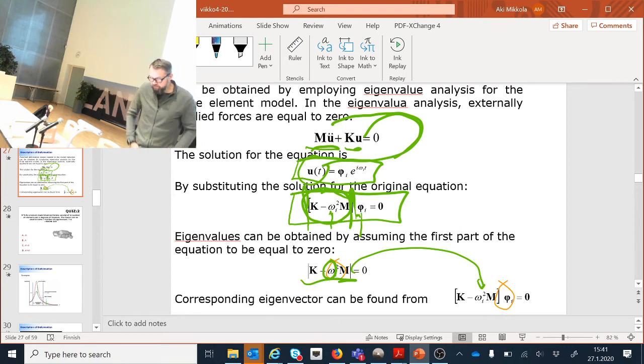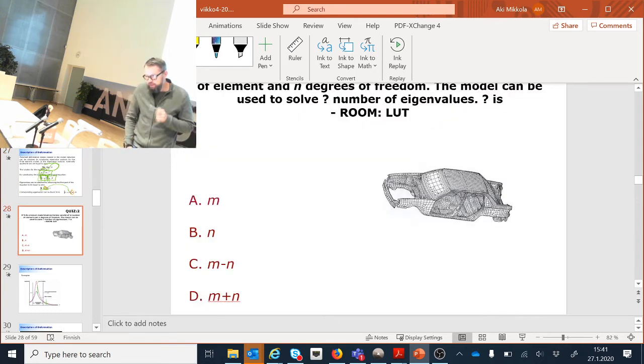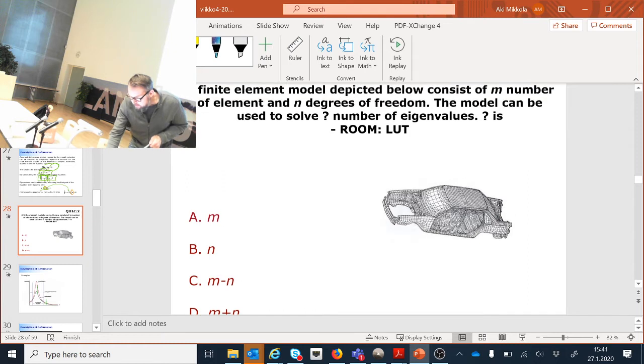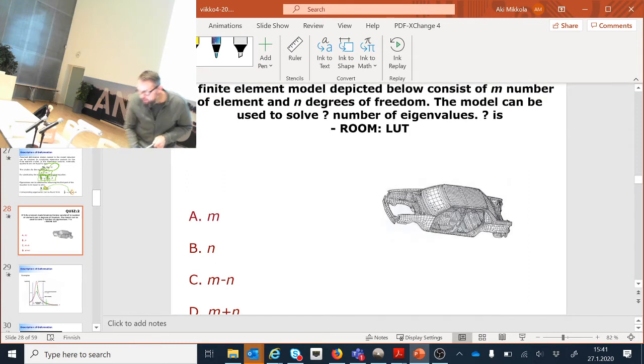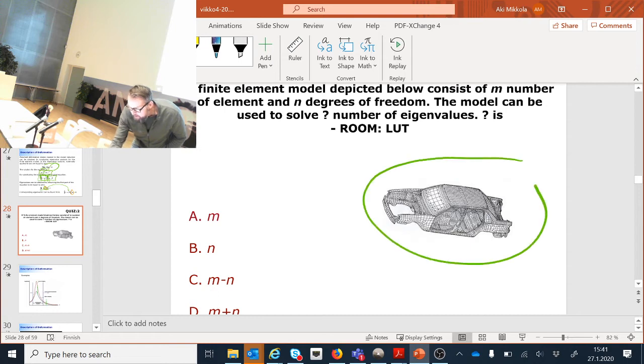Now, let me ask you this, just to check if you have been listening to me at all. A finite element model shown in this picture here consists of m number of elements and n number of degrees of freedom. The model can be used to solve a question mark number of eigenvalues and eigenvectors too.